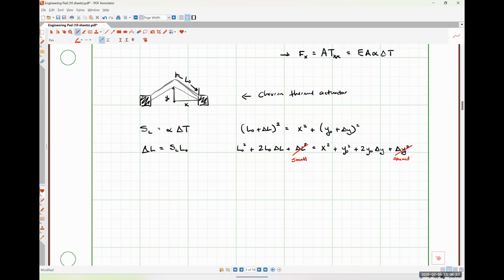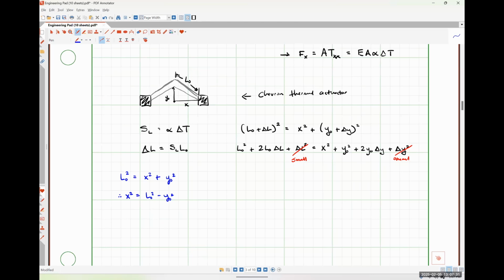Now I'm going to figure out x squared here, okay? So we know that for our undeformed chevron system, we would have L naught squared is equal to x squared plus y naught squared, right? So rearranging, we could say that x squared is literally just L naught squared minus y naught squared.